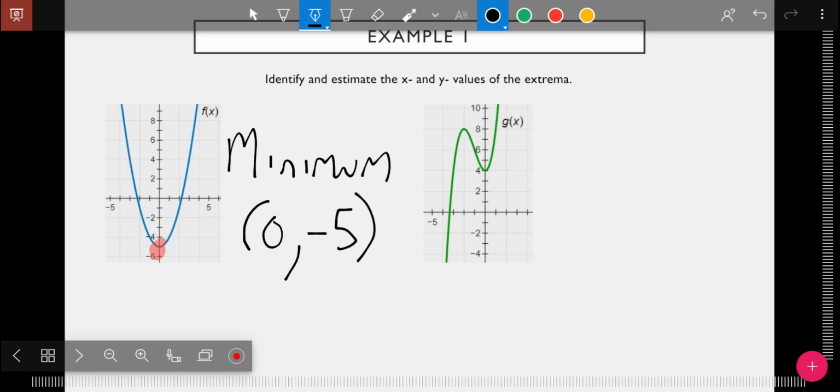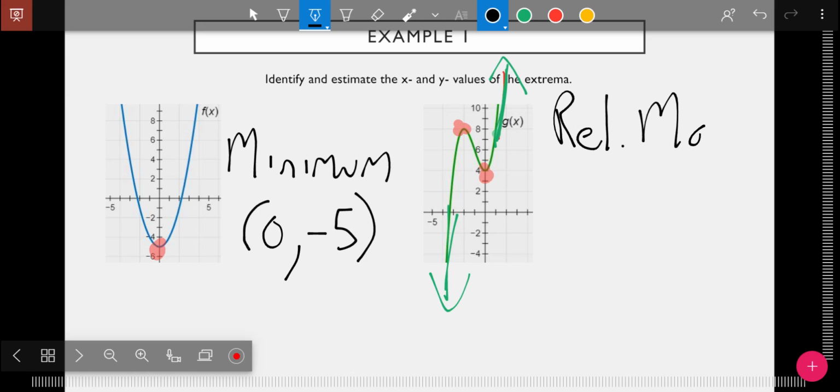On the other graph, I have two points. I have that point there and that point there. Is this the highest point in the graph? Well, yes and no. It's the highest point of the curves, but the graph goes up forever, and then down forever. So these are relative maximums and minimums. For this one, the relative max is at, well, what are the coordinates there?